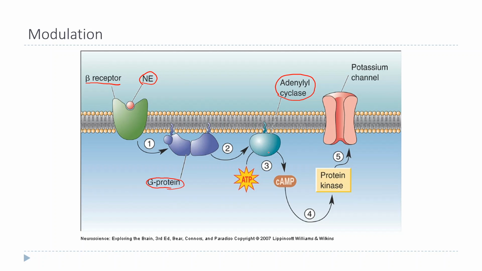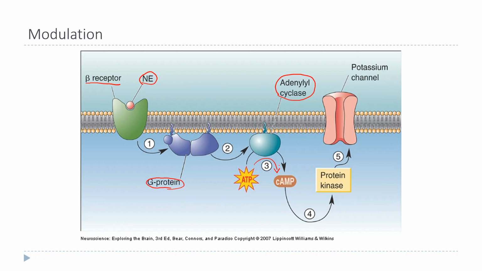And adenylyl cyclase, again, is an enzyme, and the reaction it catalyzes is the conversion of a molecule of ATP into a molecule of cyclic AMP. ATP, we already know what that is. It's adenosine triphosphate. It's found in all cells, and mostly we think of it as being used for energy, and that is what it does most of the time.